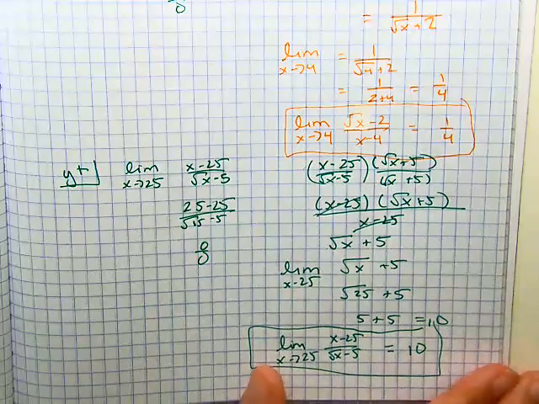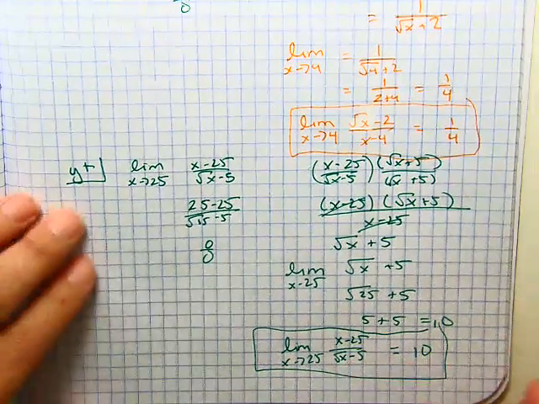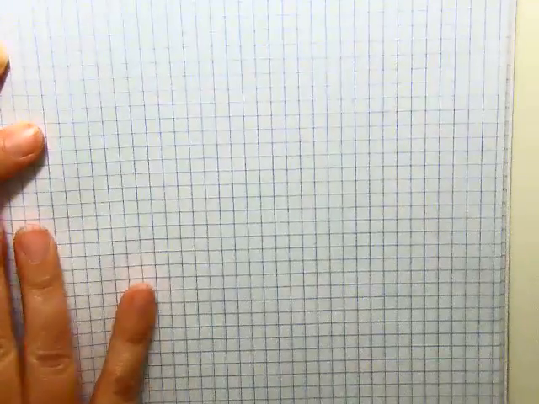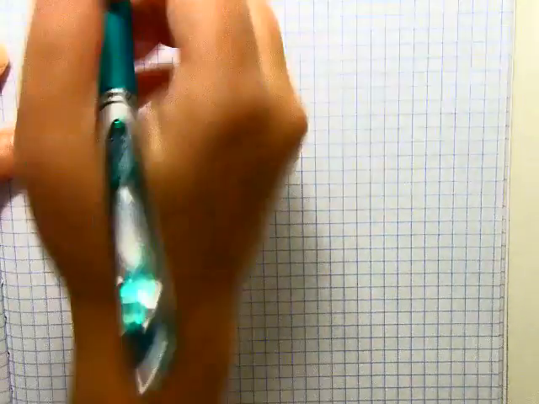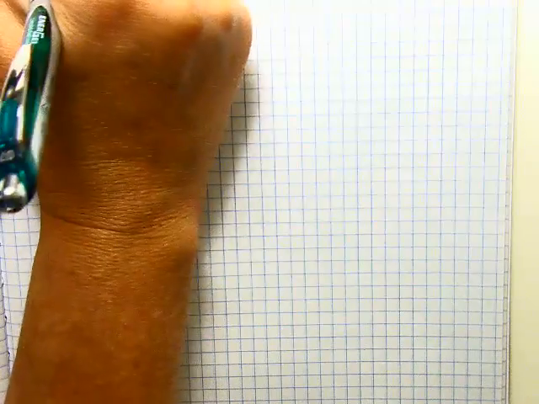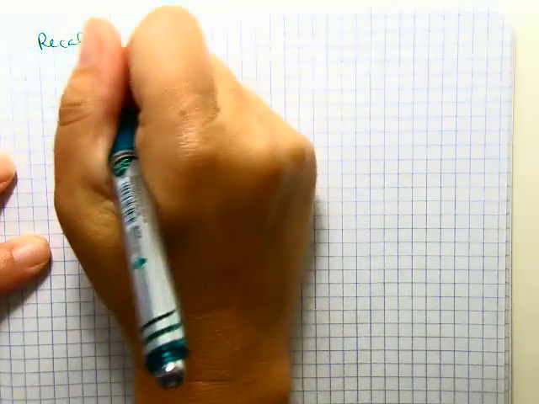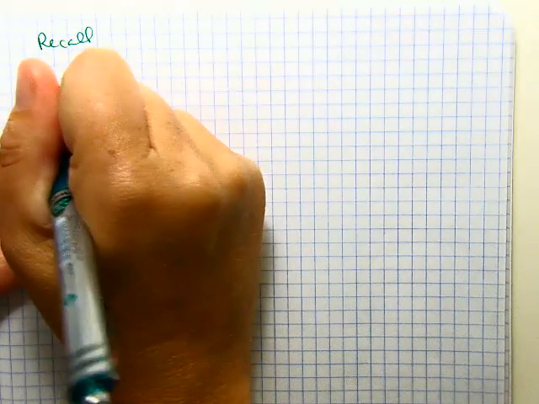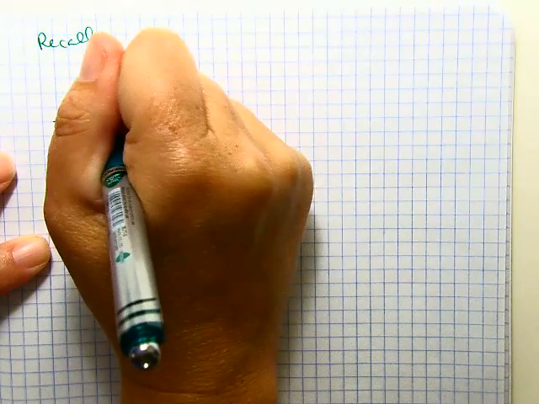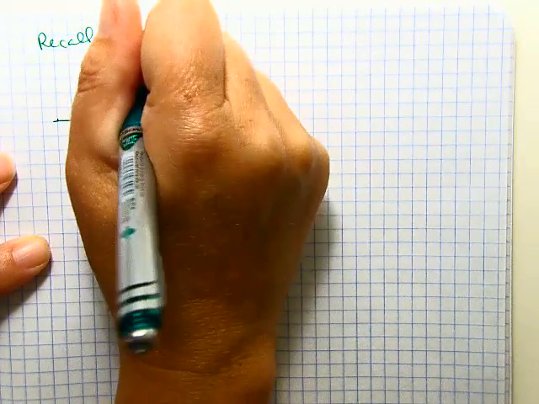Okay, so now we're going to look at finding the limits of polynomials. And if you'll recall, if we have even powered functions and our a was positive, the graph kind of went like this.